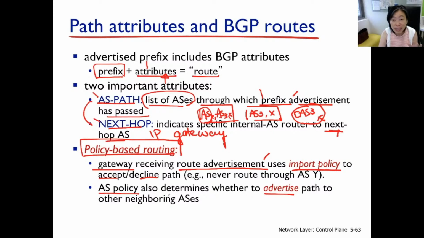Some of them might have complex policy that is very fine-grained. For example, if one gateway router connects to two other neighboring ASs, this gateway router might say, I send this particular extended advertisement only to one of the ASs. So, policy to import and policy also to export.